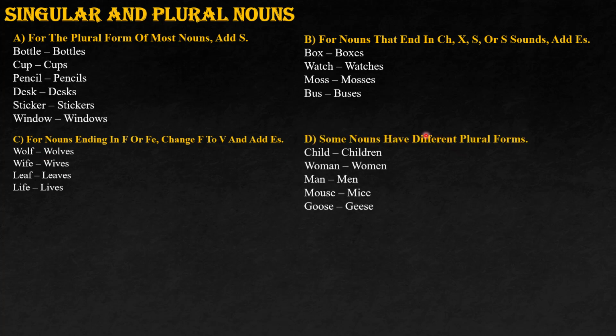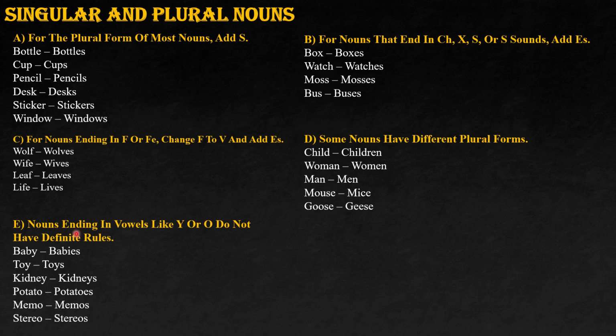And some examples of different plural forms: child, children, woman, women, man, men, mouse, mice, goose, geese, right?